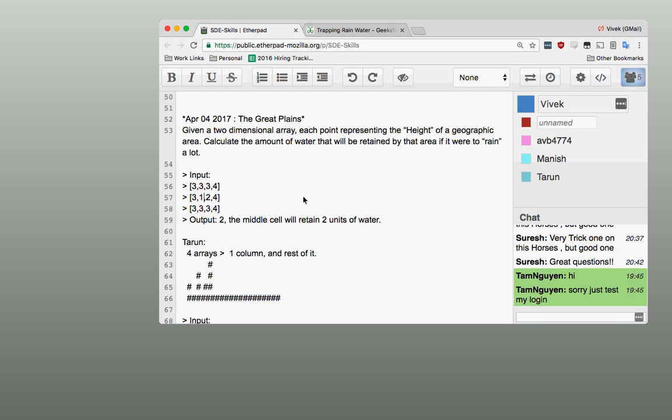Which means the height of water I can store in the location marked by 1 is driven by the best I can do horizontally and the best I can do vertically. But here is a problem. If this had been a 2, what do you think is the maximum amount of water I can store?